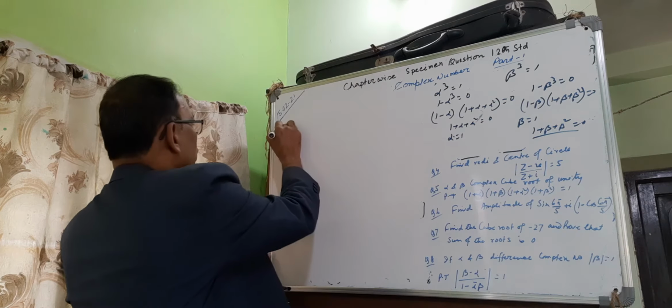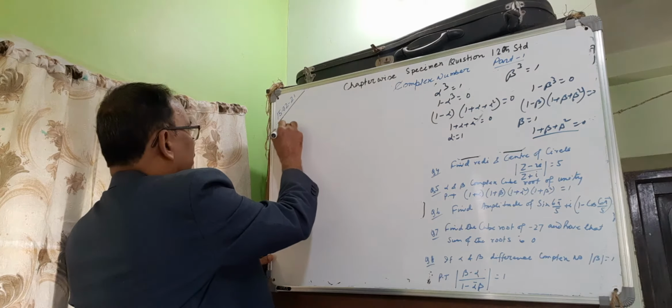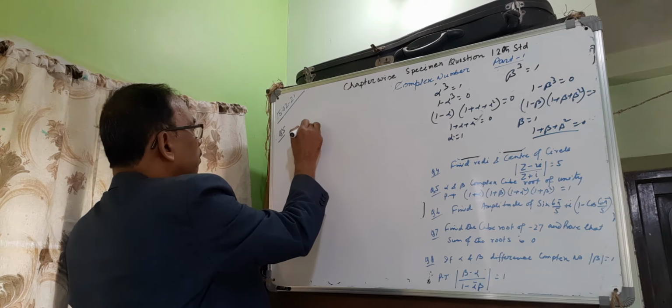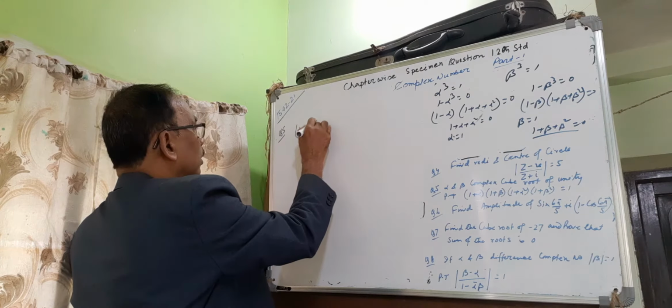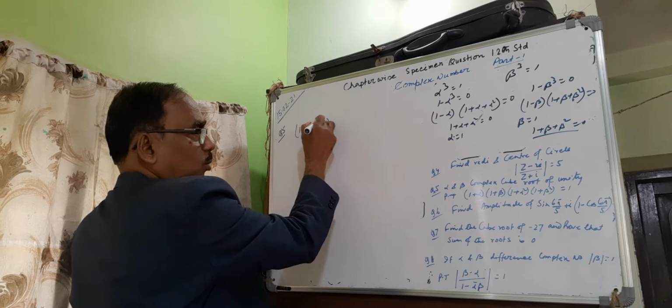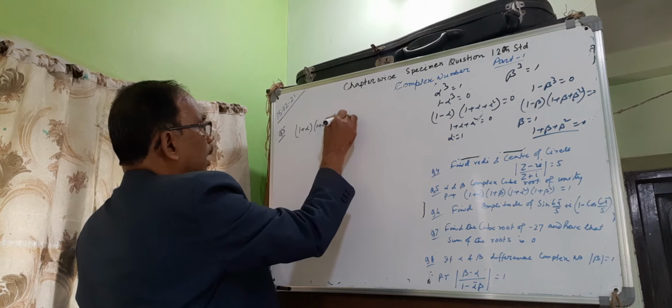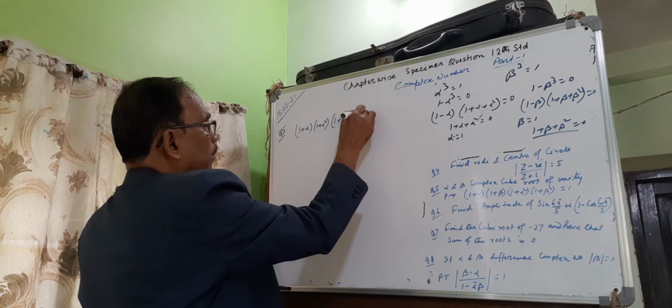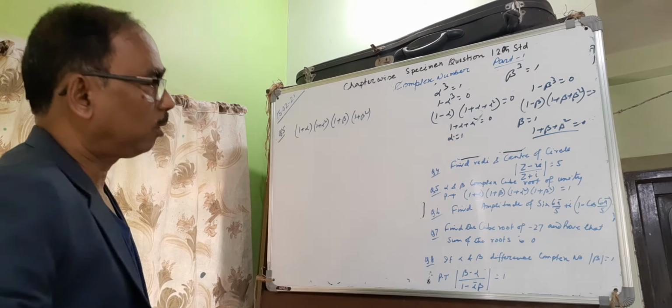Now, question number 5. You have to find the value of (1 plus alpha square)(1 plus beta square).